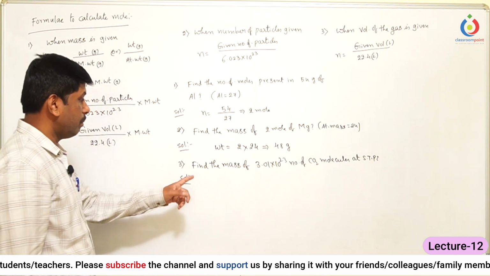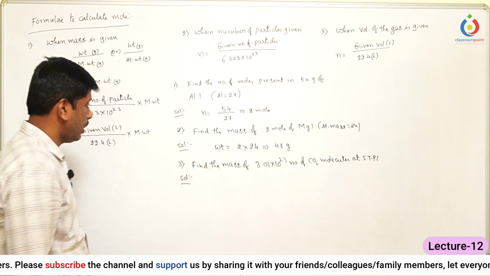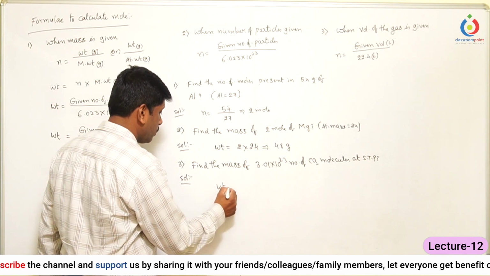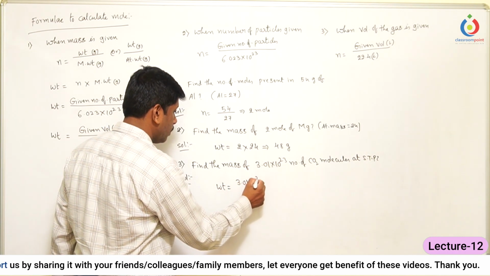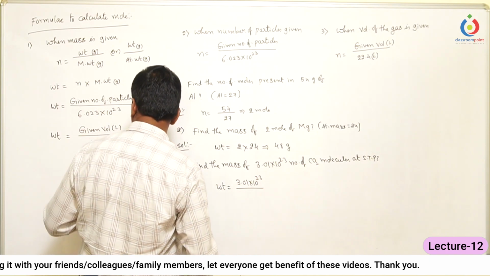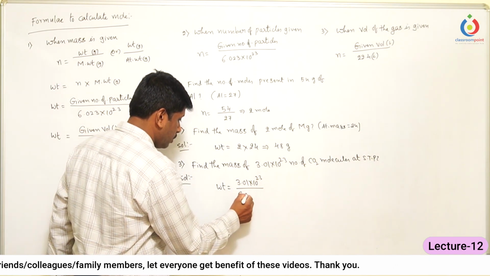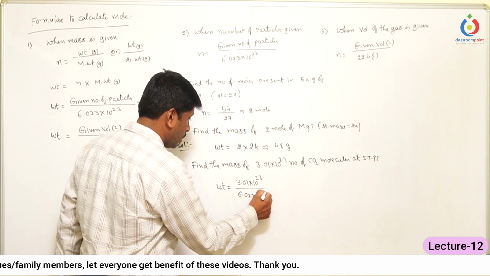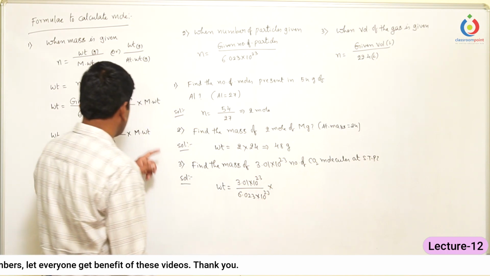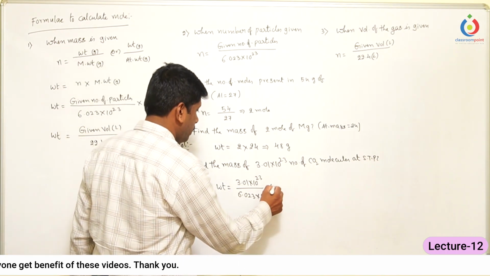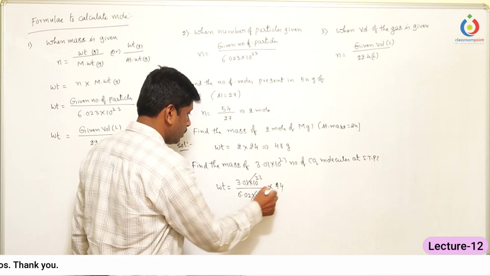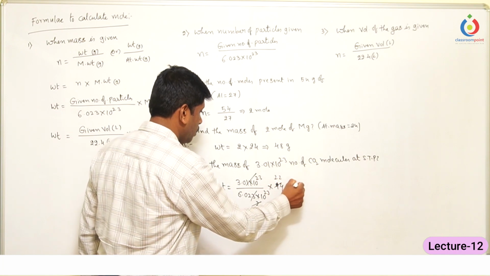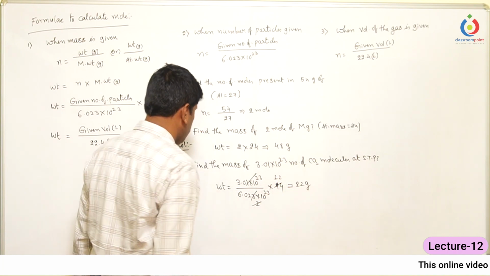We need to calculate the mass, but the number is given. This formula helps us. So weight equals the given number of particles, 3.01 into 10 power 23, divided by Avogadro's number, 6.023 into 10 power 23, into the molecular mass of CO2, which is 44. So it goes 2 times, and this goes 22. So this value equals 22 grams.